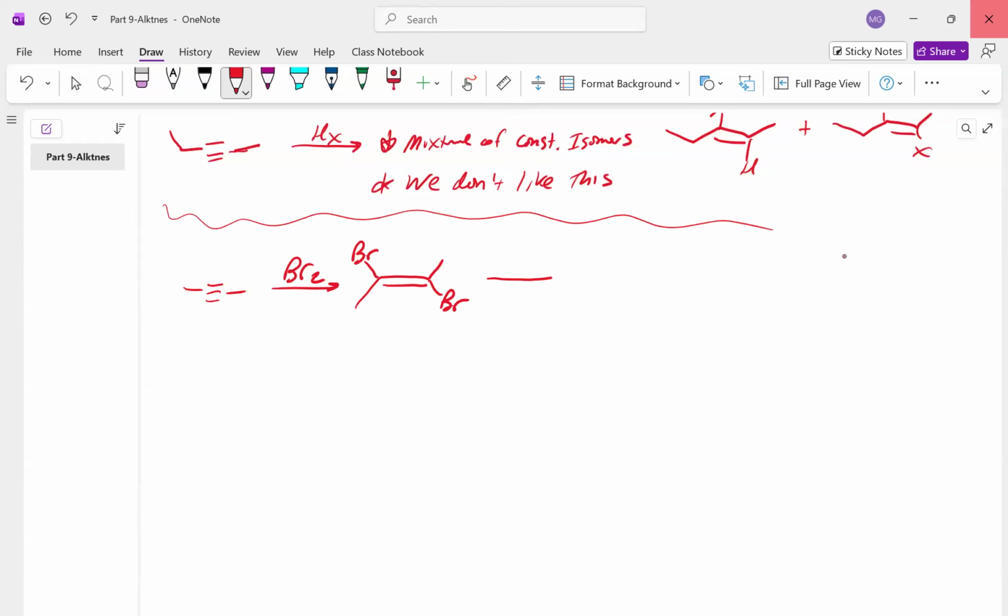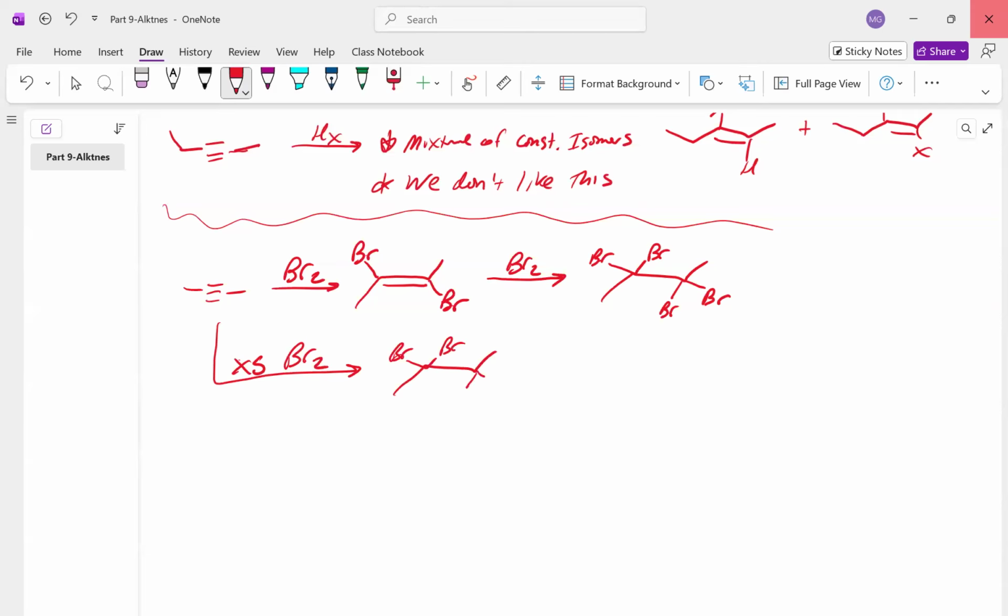Now, if we use an excess, it will continue to react, and each carbon will end up with 2 bromines. It'll get rid of that last pi bond. So again, this is a reaction that's regulated by stoichiometry. You will see on the exam or on your homework if it says excess, sometimes I get lazy and just put XS. Then you assume you add enough stuff until all the pi bonds are gone.